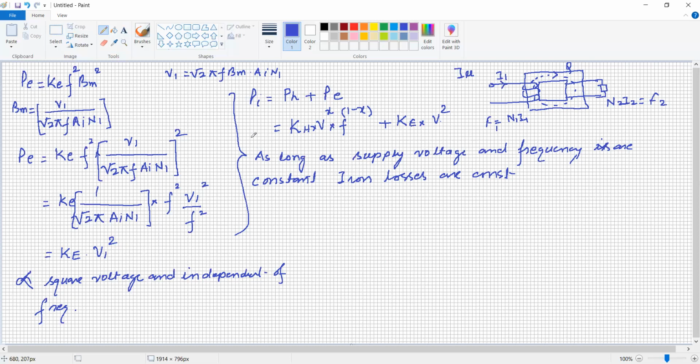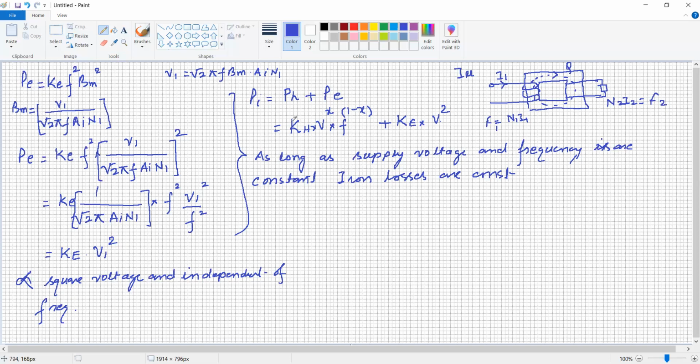From this equation, it is quite clear that the iron losses depend upon voltage and frequency, and as long as in the general case the voltage and frequency remain constant, the iron losses remain constant. Now the effect of change in voltage and frequency: let the frequency increase. There is no change in the eddy current loss because the equation does not contain a frequency component, whereas as the frequency increases, the hysteresis loss increases.